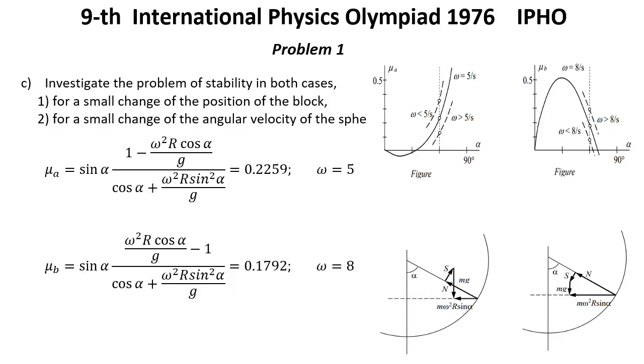Second case, when the body tries to move upward, because omega is big enough and the force of friction is going downhill. If we increase omega a little bit, there will not be enough force of friction to hold it, and the body starts to move up. If we decrease omega, we don't need to struggle against the force of friction, and the body will stay in this position.